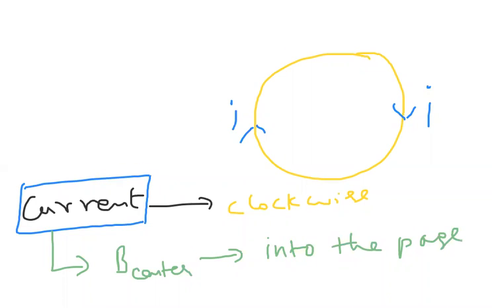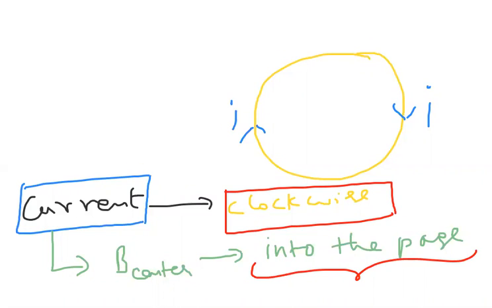In a straight conductor we have different situations, like there are four situations. Here we don't have that many, only two situations. Suppose the first one is current flowing in clockwise, then the magnetic field is into the page at the center. So at the center, what is the direction of magnetic field?